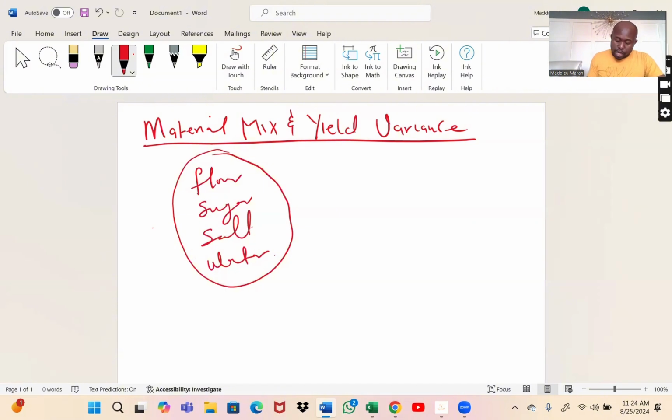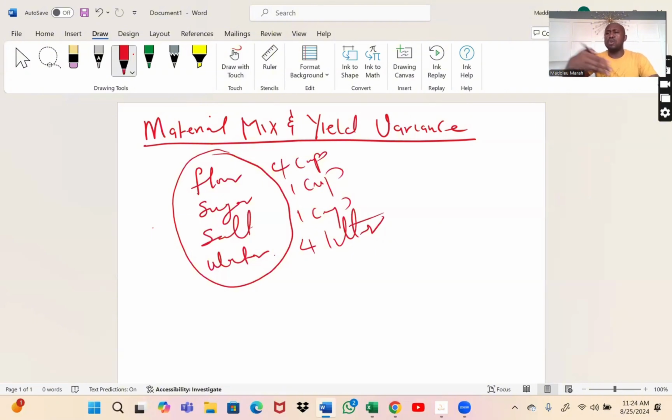Let's say we input 4 cups of sugar and flour, 1 cup salt, and water, let's say 4 liters. So this is what we inputted. What is the output? Yield variance is looking at the output.